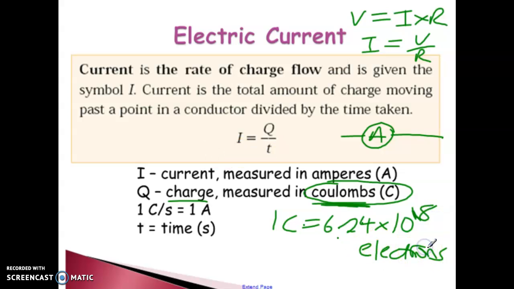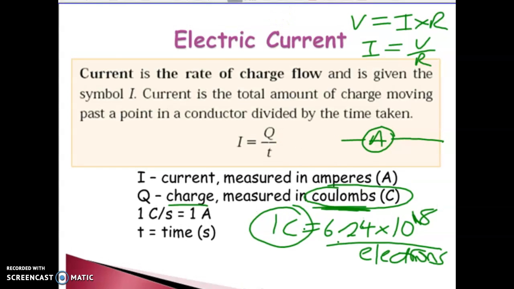Okay, because we know this is a huge number of electrons, it's much easier to count electrons in these small packets rather than looking at them from an individual standpoint. So when we talk about the charge, we're referring to the number of electron groupings, or these coulombs of electrons.